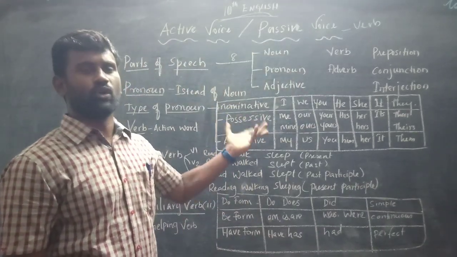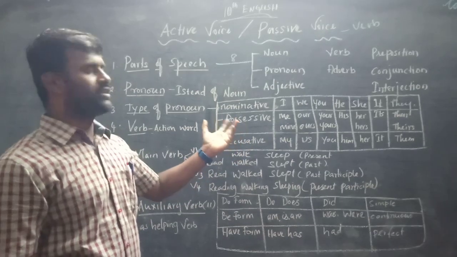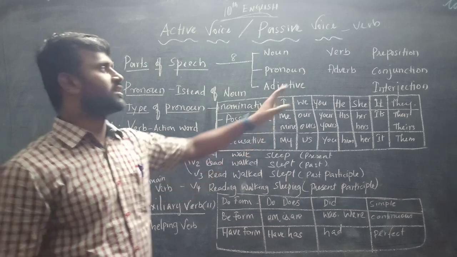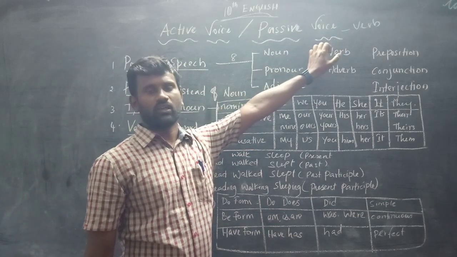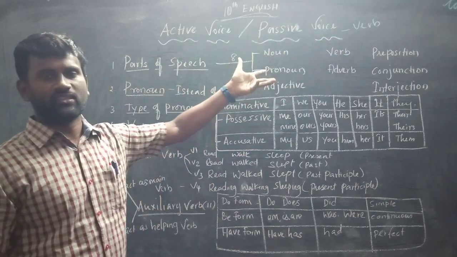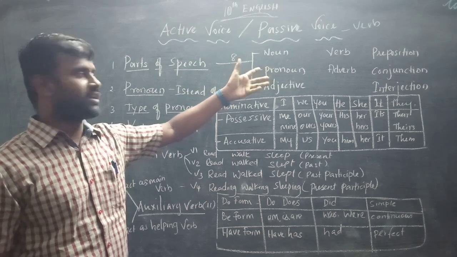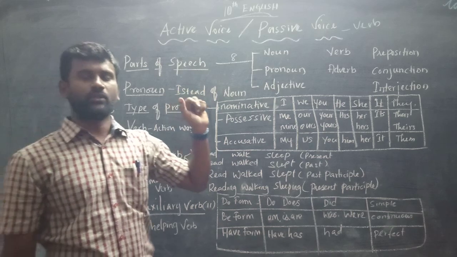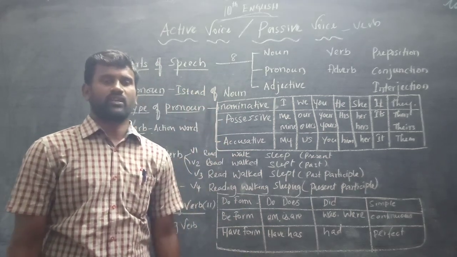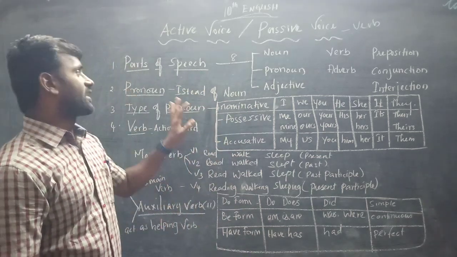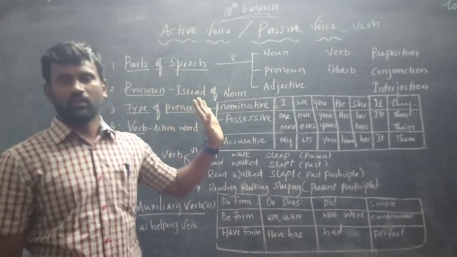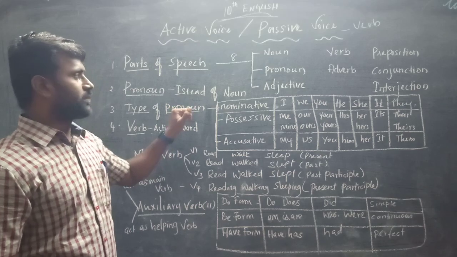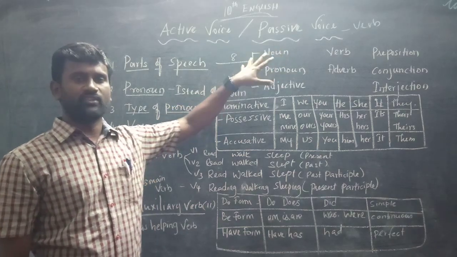The most important thing that we should know before entering into active voice and passive voice is the verb. Where is the verb present in basic grammar? In parts of speech. In the Wren and Martin book, which is the universally accepted grammar book, parts of speech is the primary element of spoken English, and there are 8 parts of speech.